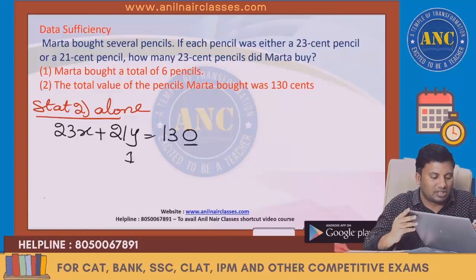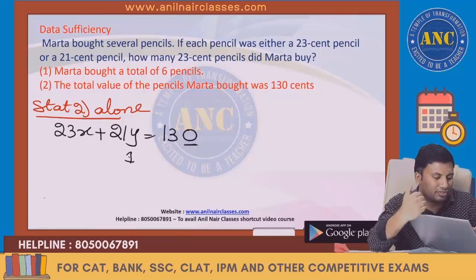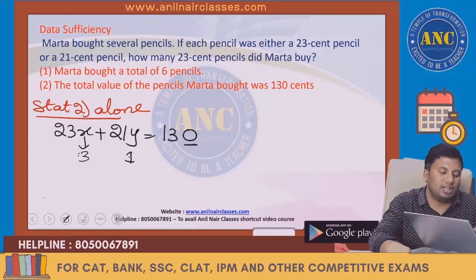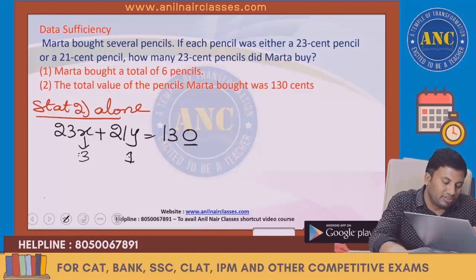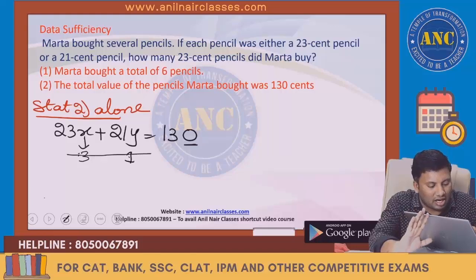If y is 1, 1 ones are 1, x can be 3, 3 threes are 9. 23 threes are 69, 69 plus 21 is 90. 90 is not 130, so this value is not possible.